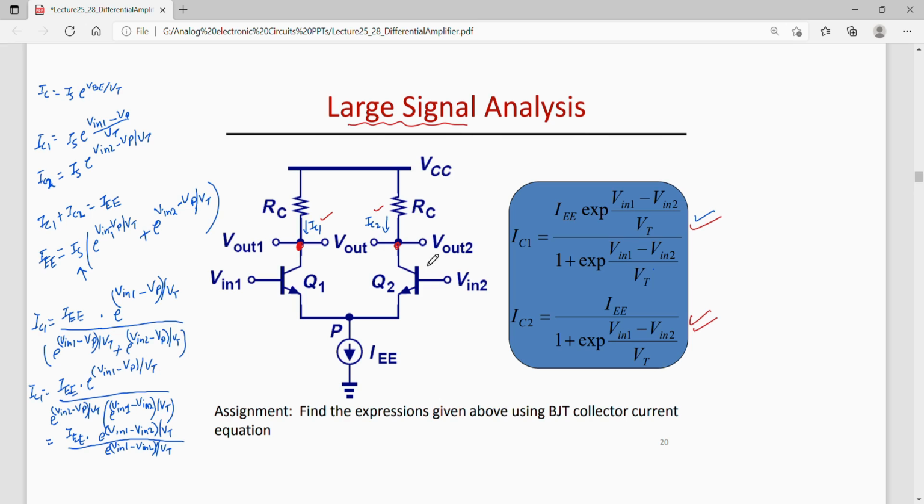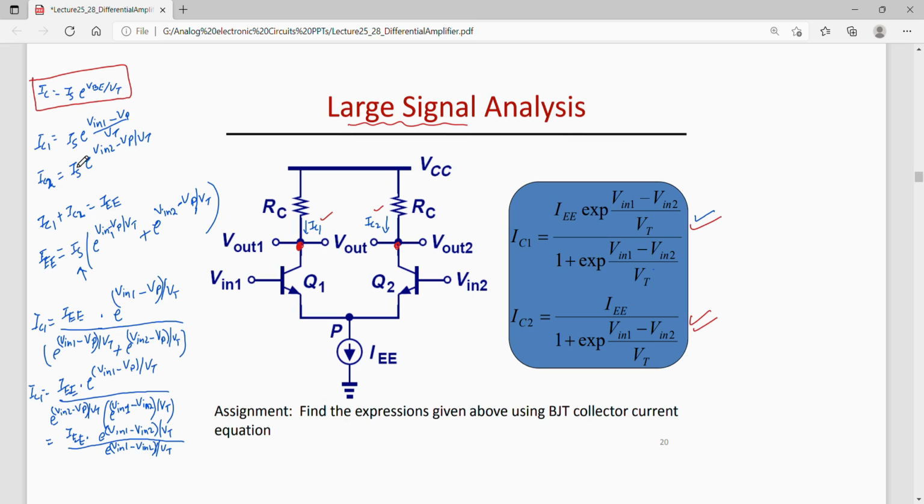Now this collector current equation, that is IC1, can be written by using the collector current for BJT. So collector current for BJT is Is e to the power VBE by VT. Through this I can write IC1.